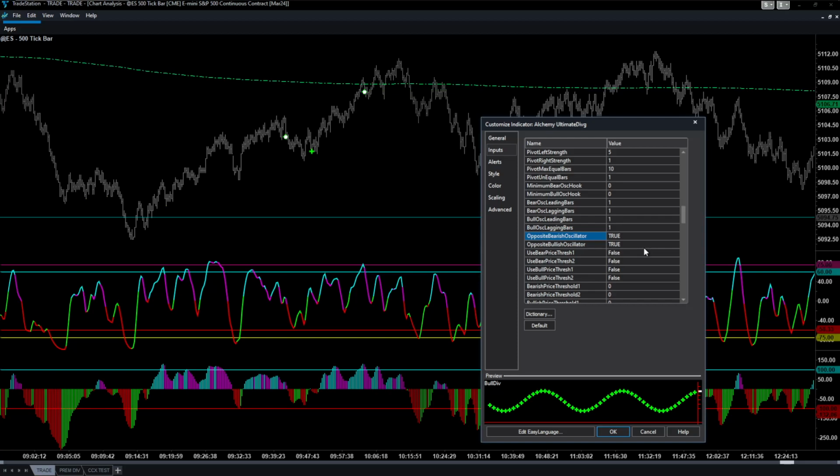And you could further reduce this by changing the thresholds. Now, these thresholds are pretty low. Look at what happens if I move it up to 75, which is where the indicator is set at the moment.